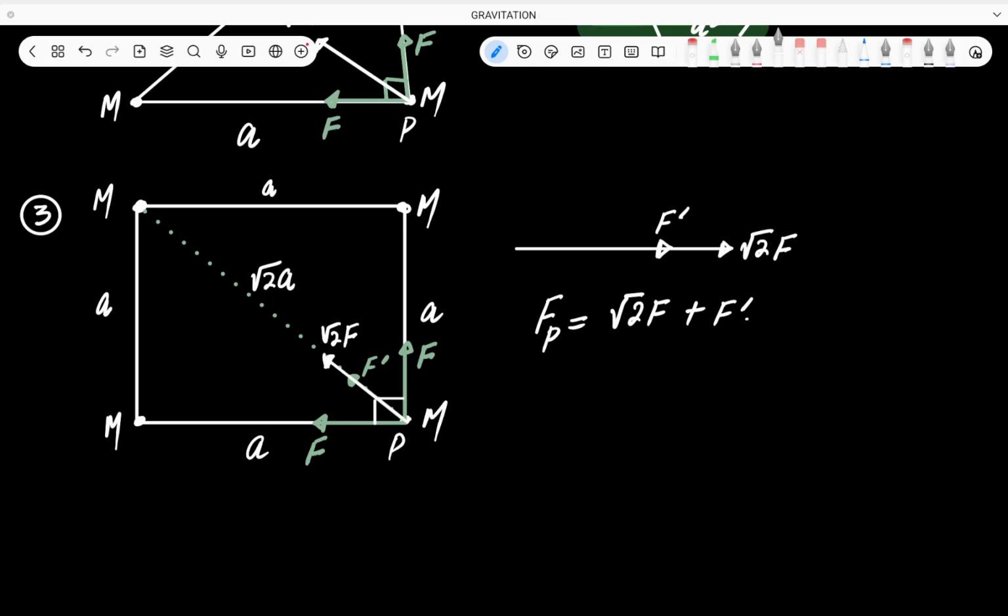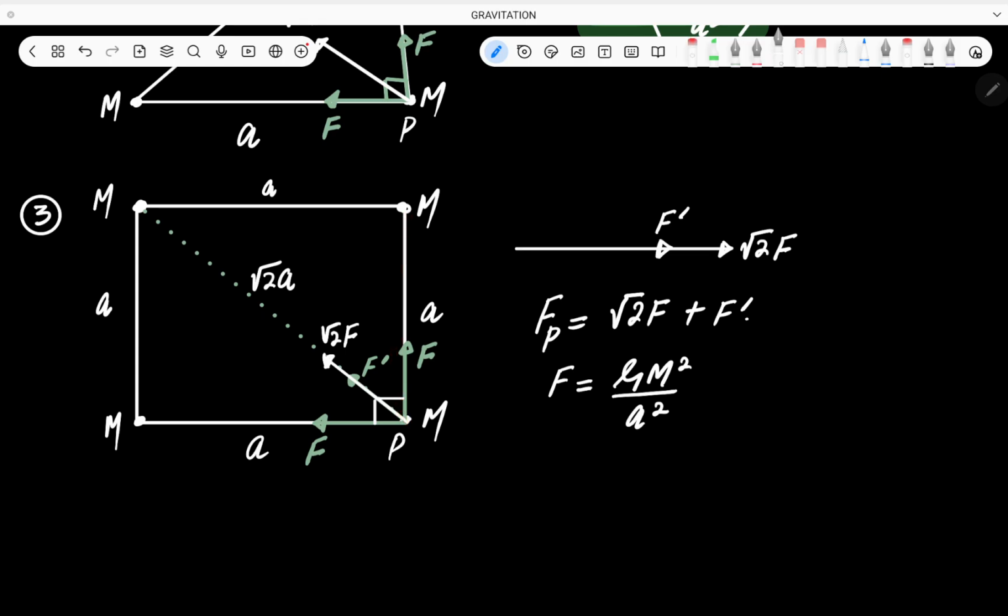Now let me first of all write down this. What is the value of this F and what is the value of this F dash? F is the force between two particles whose mass is m and m. So it will be Gm square, and the distance between those two particles is a. So I will write down here a square. Okay, F is the force between this particle and this particle, so mass is m and m, and see the distance, that's equal to a.